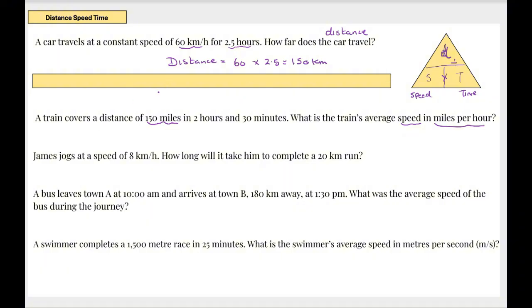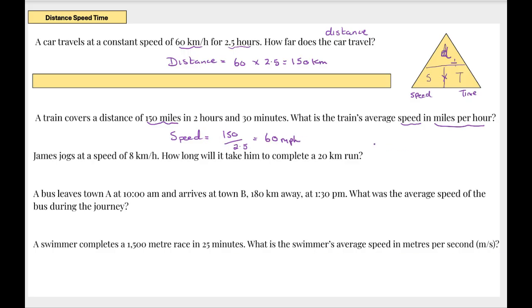So speed equals our distance, which is 150 miles, divided by 2 hours 30 minutes, which we know as a decimal is 2.5. Pop that in your calculator and the answer is 60 miles per hour.